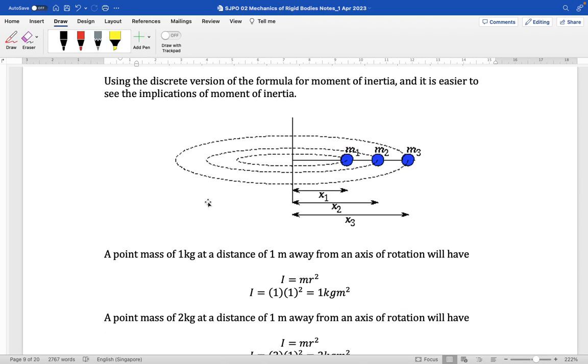For the Physics Olympiad, do take note that we are not generally looking at calculus-based problems, but more of algebraic problems. So although the formulas are rather complex, they can be easily manipulated because most of the objects that we are looking at will be point sources like this, or rather discrete sources like this.